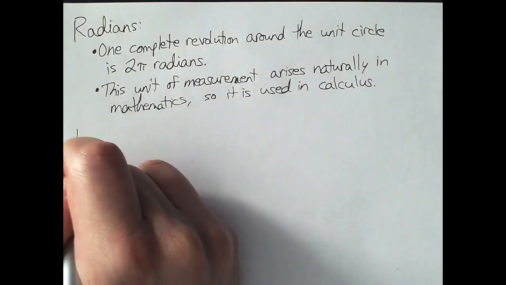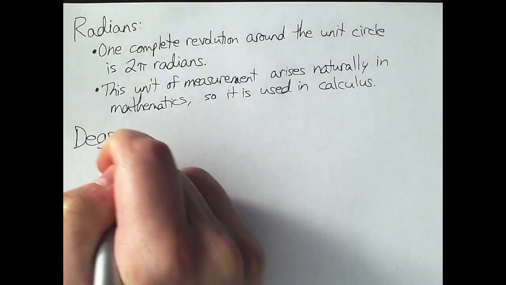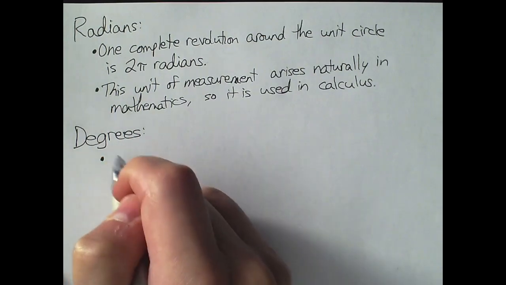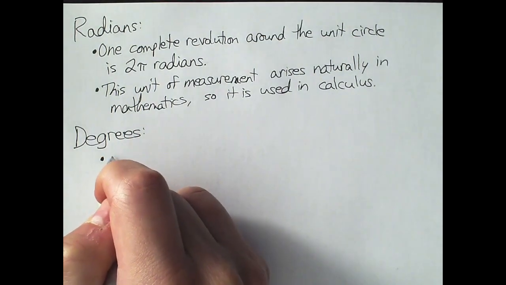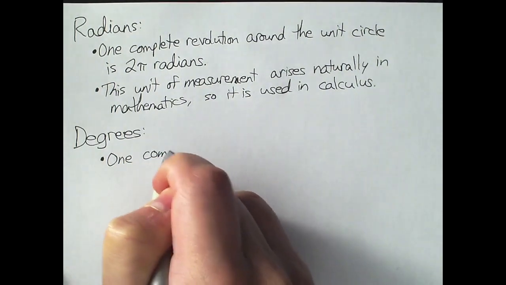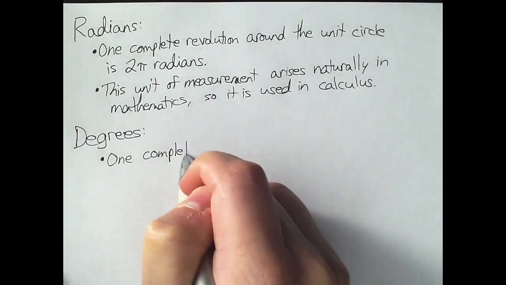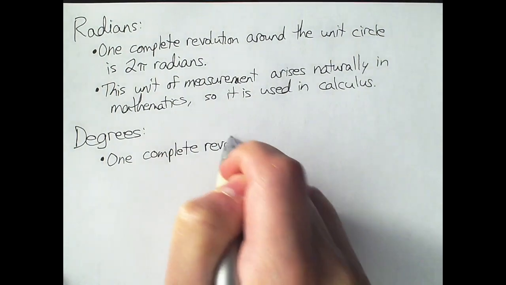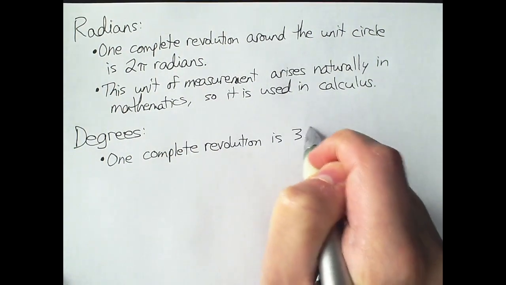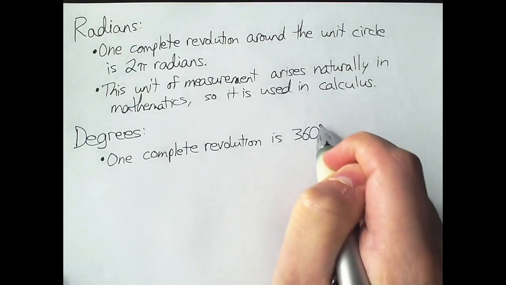Let's talk about degrees. Degrees, on the other hand, were invented. You know, somebody decided that one complete revolution around the unit circle is 360 degrees.